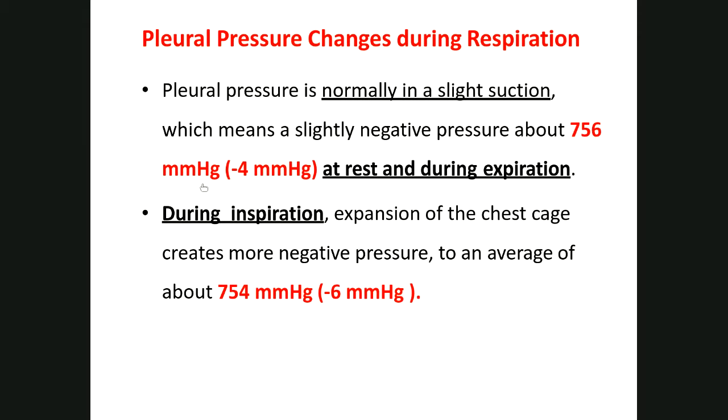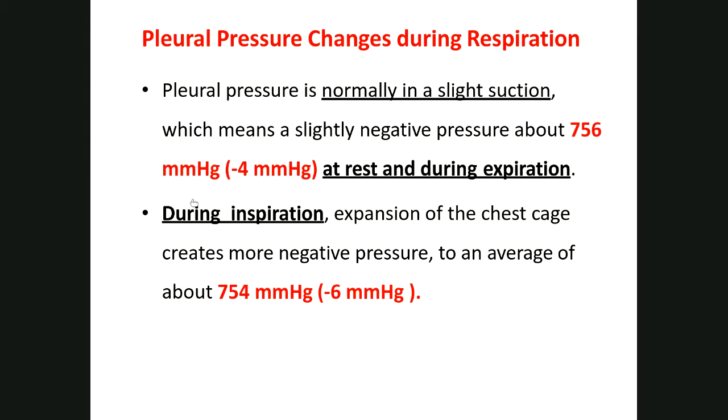During inspiration, the thoracic cavity expands, the rib cage moves forward and upward, and the diaphragm moves down. This will cause the expansion of the pleural space. So the pleura will expand with the thoracic cavity, and when it expands, it will pull the lung tissue with it to expand. This will increase the negative pressure to more negative.